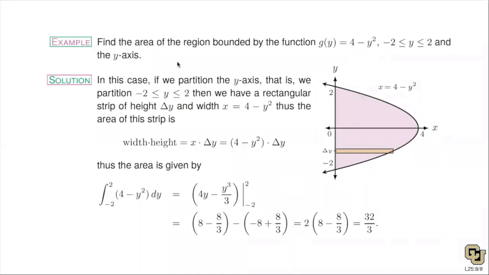This procedure of being able to construct this area estimate and then build the integral will be really important in Calc 2. Not as important in Calc 1, but definitely it's important in Calc 1, it's really important in Calc 2. My suggestion to you is to draw the rectangular strip.